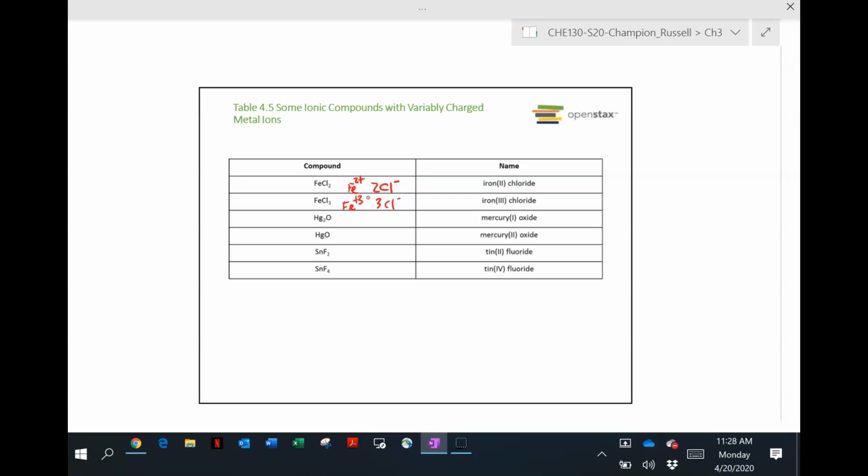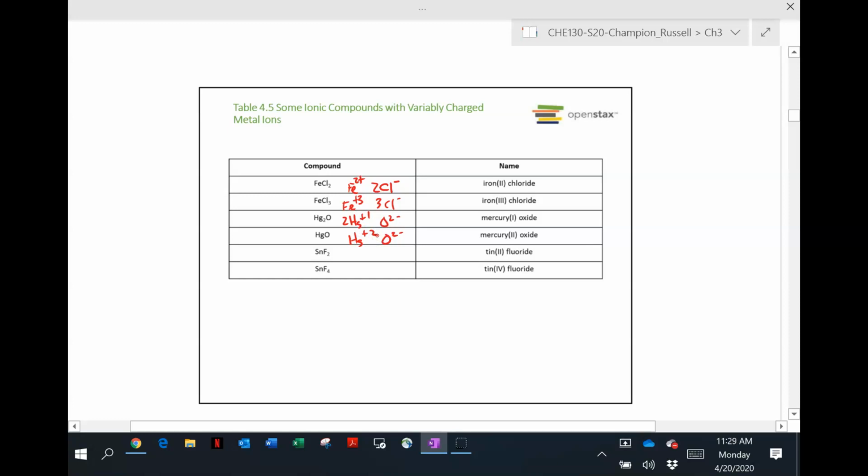Mercury, if the oxygen is 2 minus, and I've got 2 mercuries, each one of them is plus 1. That counteracts the minus 2 charge there, so it's mercury(I) oxide. If I only have one of those, then that single mercury must have a plus 2 charge, so mercury(II) oxide.